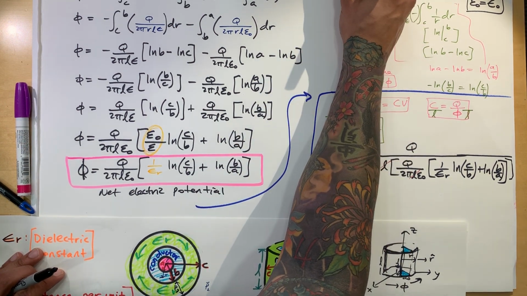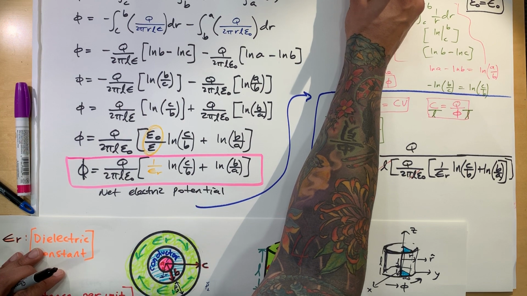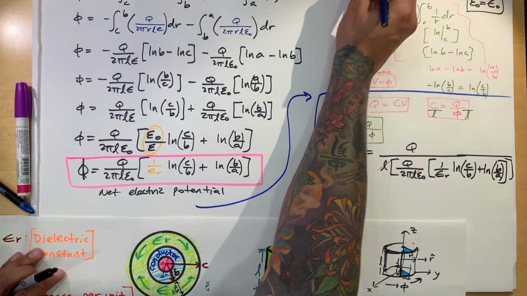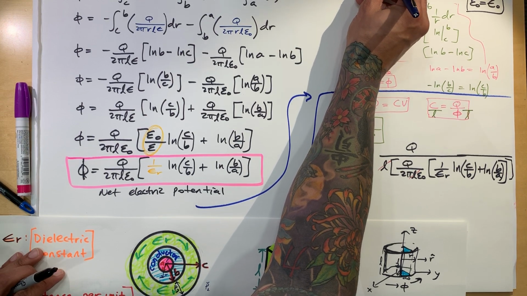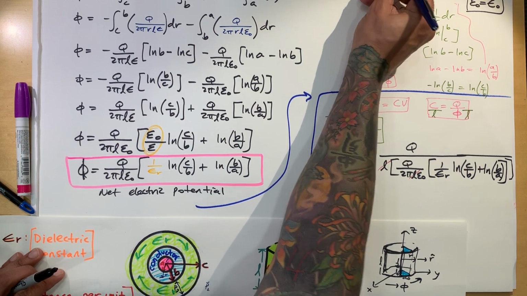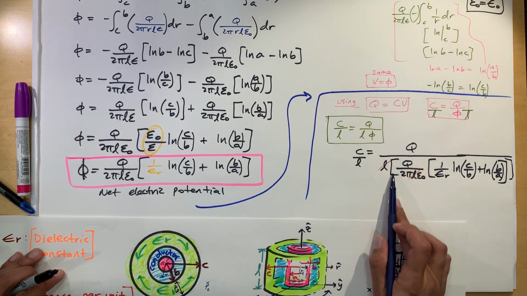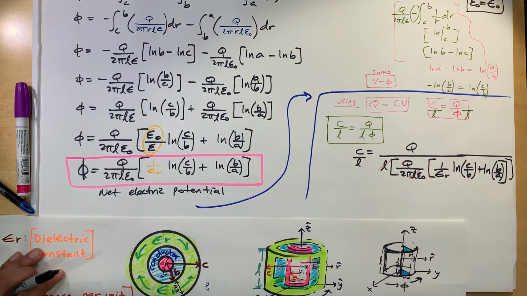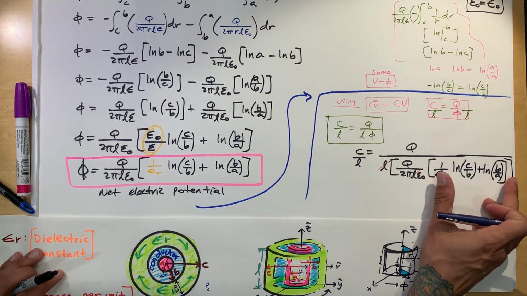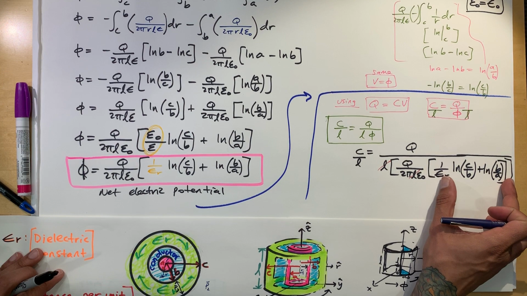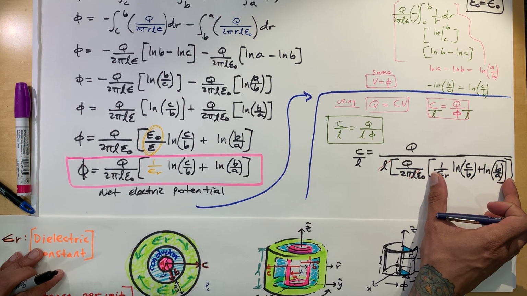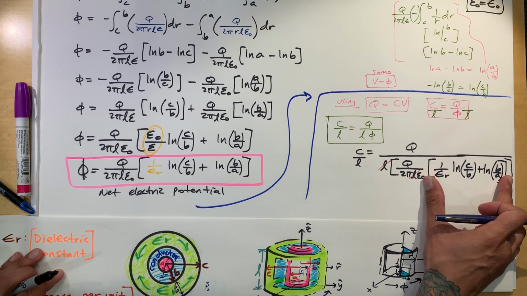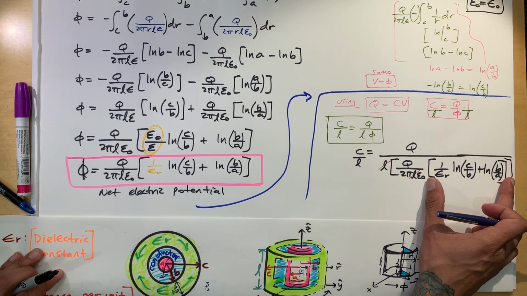So if I flip it up, I'm going to have 2 pi epsilon naught over Q. So all this goes away. The Q's cancel. All I'm left with is 2 pi epsilon naught on top. Now, when it comes to this right here, we're gonna have to flip all of this, right? And let's see.